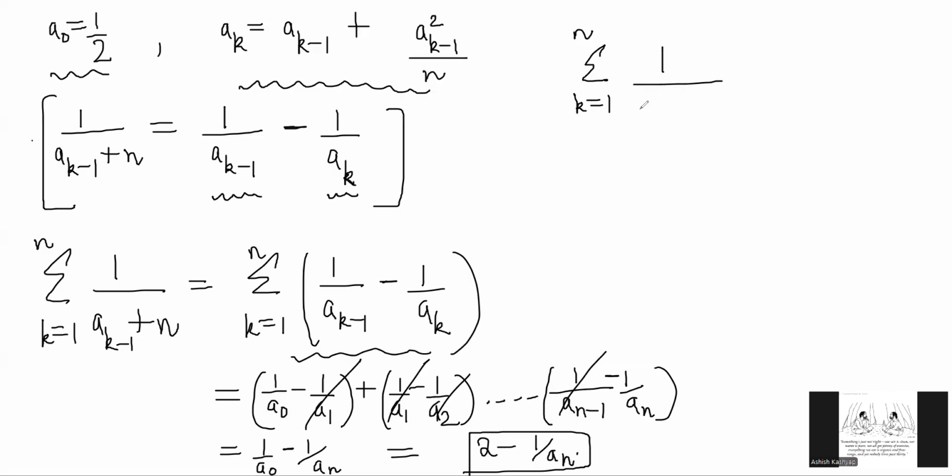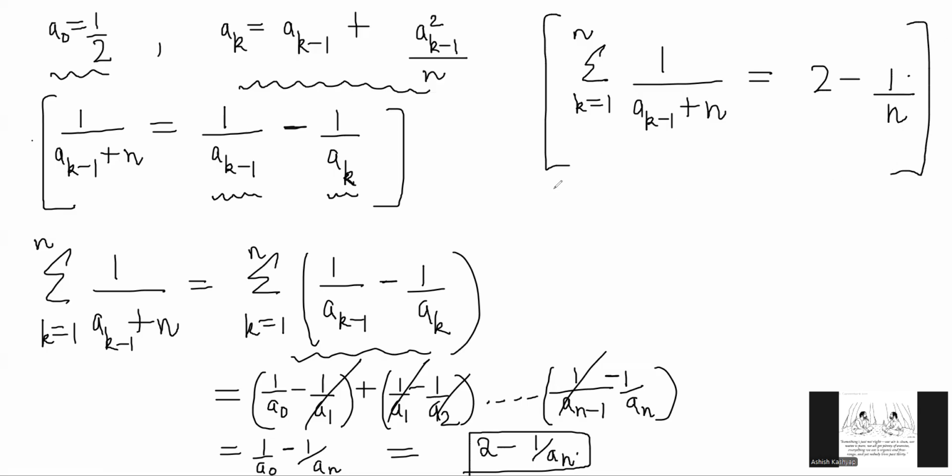The left-hand side is this sum of 1 by (A(k−1) plus n), and it is equal to the right-hand side, which came out as 2 minus 1 over An. Now think of what you need to prove and try it out. See if you can prove it. What we needed to prove was this: 1 minus 1 by n is less than An is less than 1.